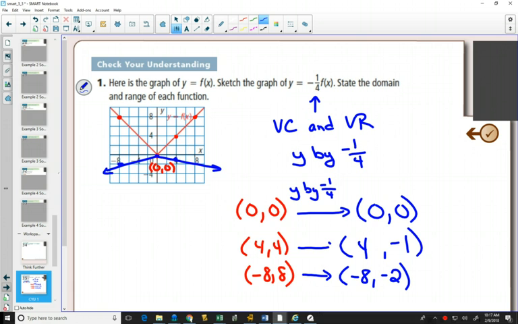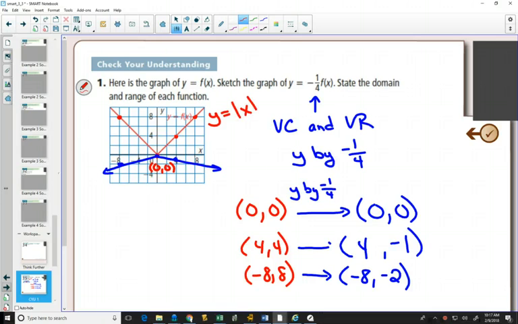Now, this was in function notation, but maybe you recognize the red graph. If I asked you for an explicit equation for the red graph, an explicit equation doesn't have f for functions in it, it just has y's and x. What's another way you could have written this equation? You recognize it as the absolute value of x?